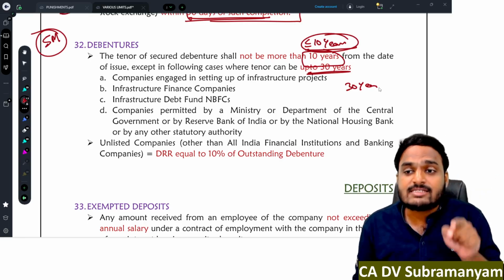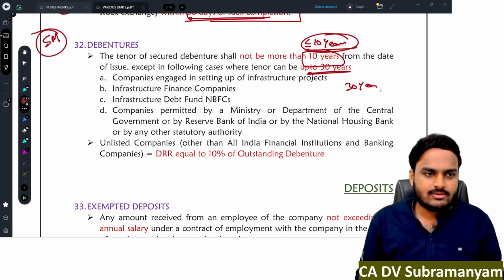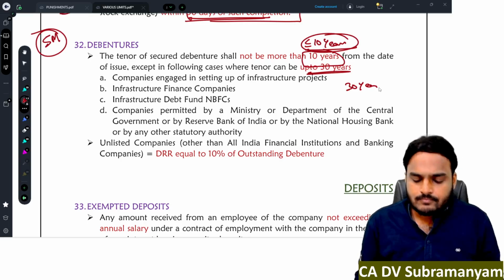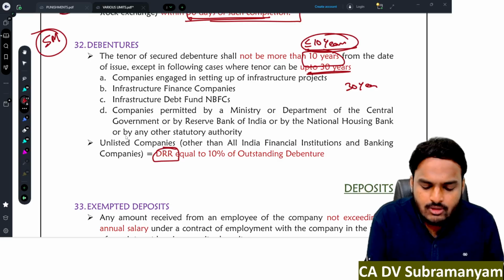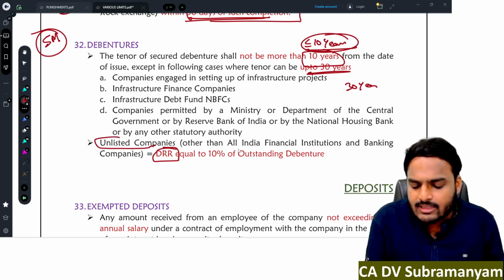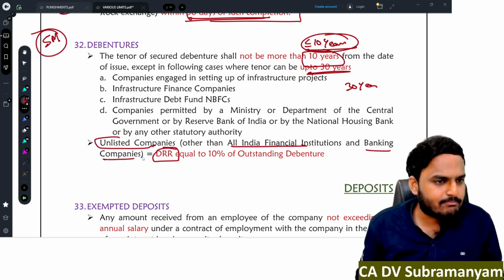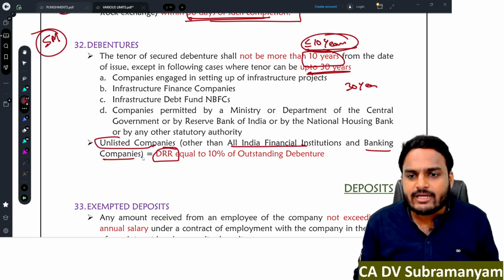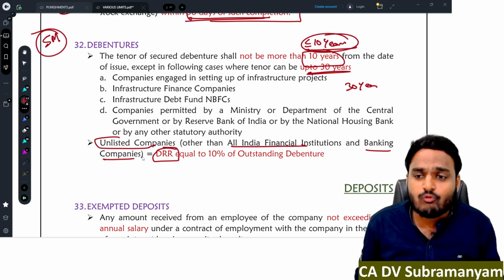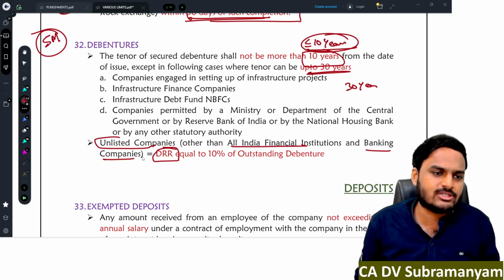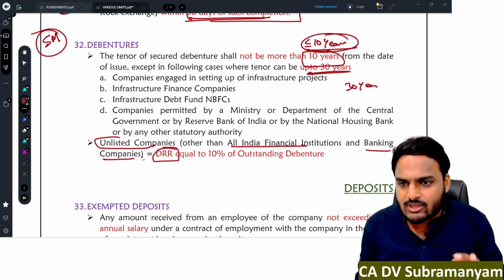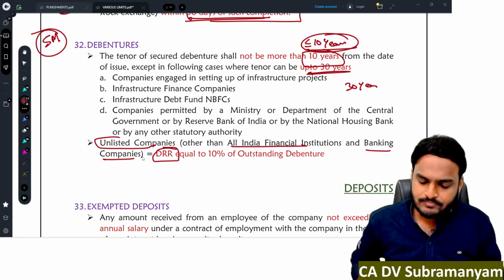For debentures, it is 10 and 30. Clear? And debenture redemption reserve: all unlisted companies other than all India financial institutions and banking companies have to create debenture redemption reserve equal to 10% of outstanding debentures. Minimum 10% of outstanding debentures.